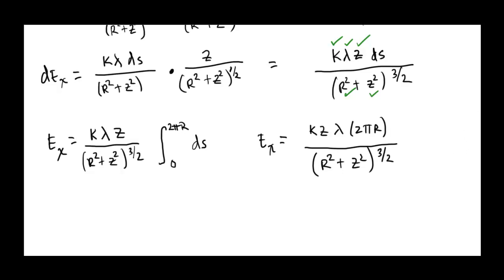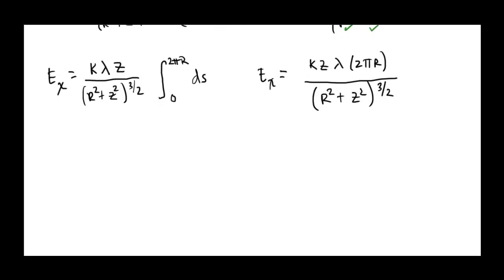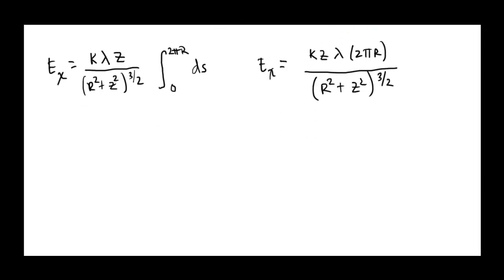And we are kind of done, but there's one really nice little simplification we can make. What do I have here? Well, this is the charge density multiplied by the entire length of the ring. If I take the entire length of the ring, in other words 2 pi r, that's L, right?